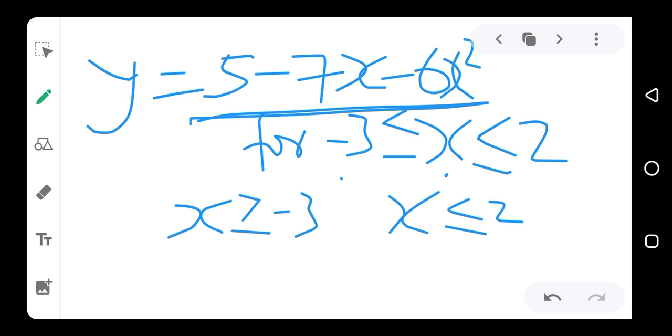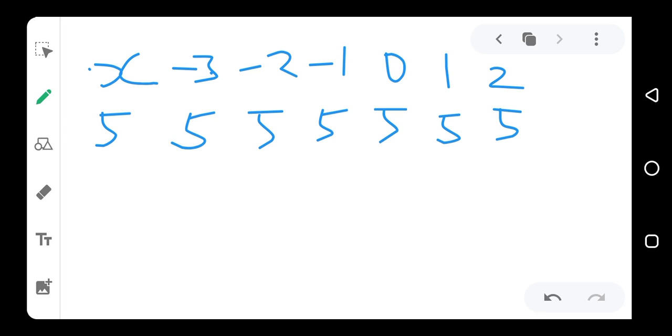Now the next term is minus 7x. That means take the value of x and multiply it by minus 7. So this one becomes minus 3 times minus 7, so we have 21.